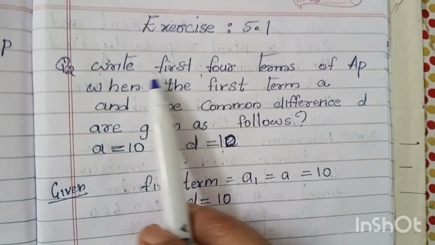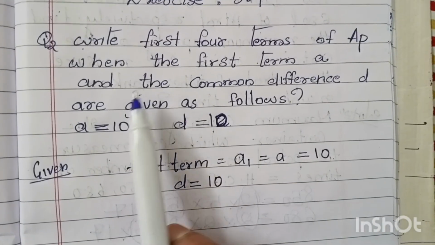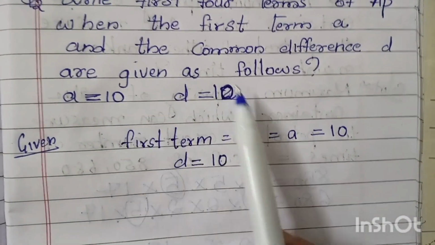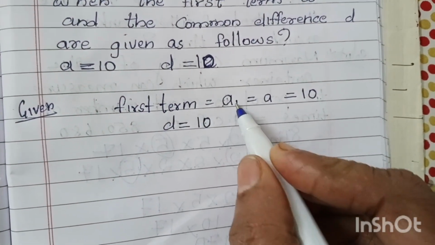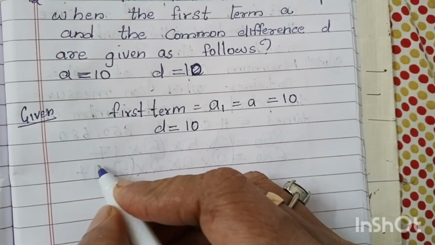Exercise 5.1. Write the first four terms of the AP when the first term a and the common difference d are given as follows. a is equal to 10 and d is equal to 10. So the first term a1 is equal to a, which is equal to 10, d is equal to 10.